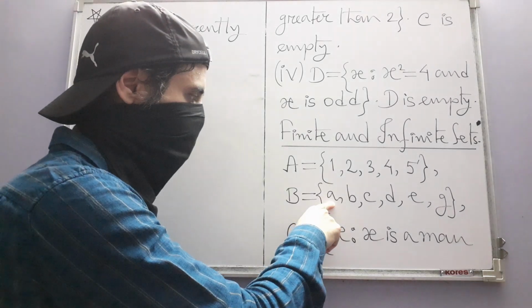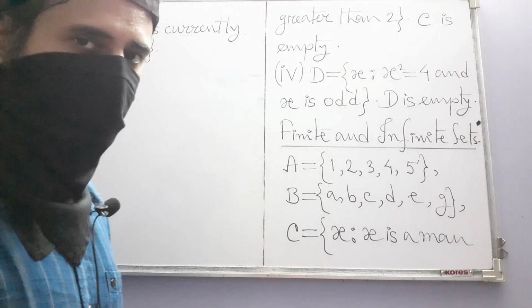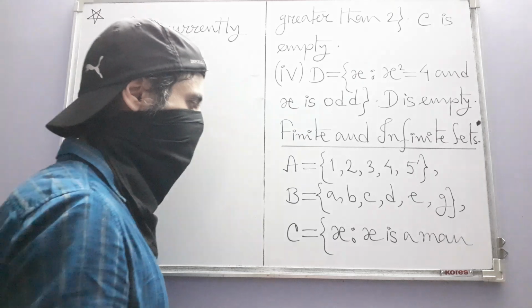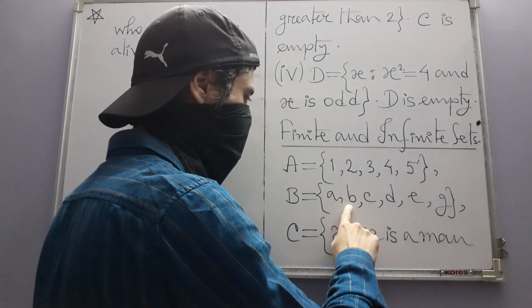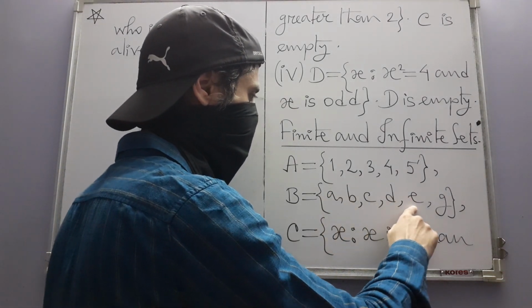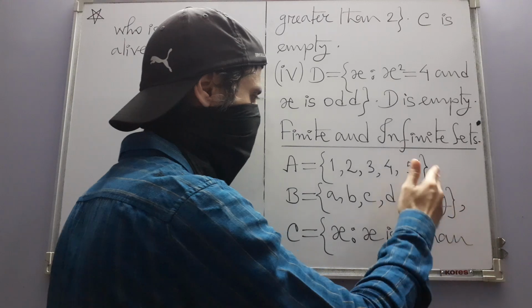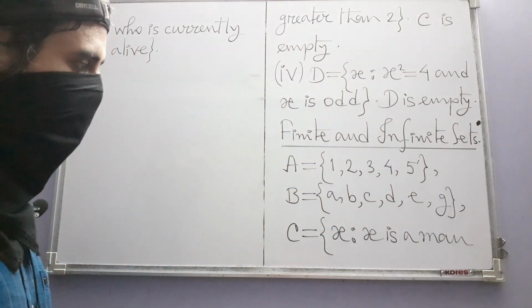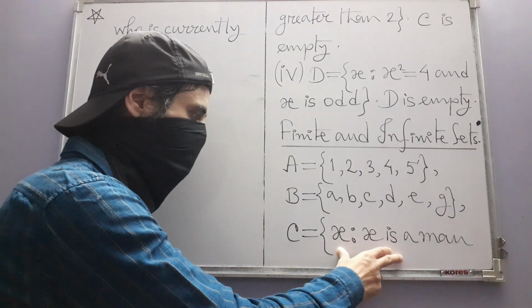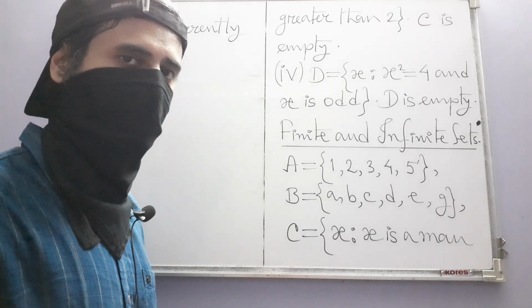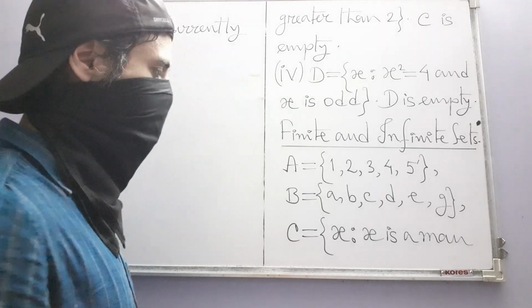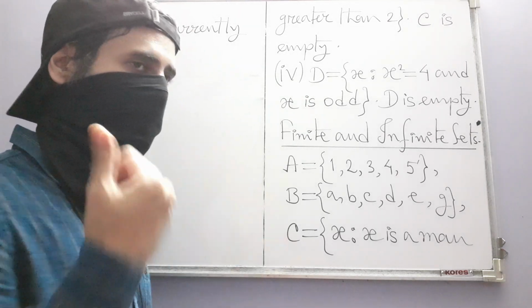In the second set, we do not have numbers, we have letters, but still you can count 1, 2, 3, 4, 5, 6. So the counting stops at some stage. And for the third set, the set of all men currently alive in the world, it's a large set, okay.